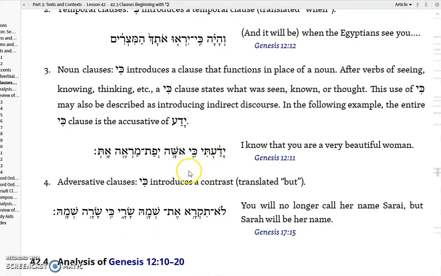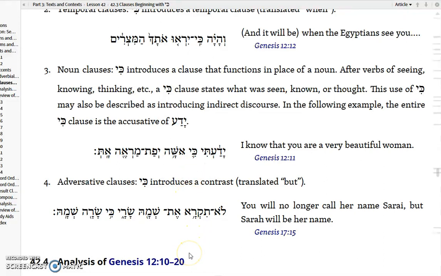Yadati ki isha yafat mar'e at. Yadati, I know. Ki is going to be that. I know that a woman beautiful of appearance are you. I know that you are a woman beautiful of appearance. But here the ki is to be translated that.